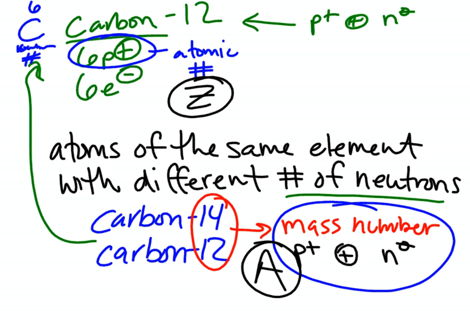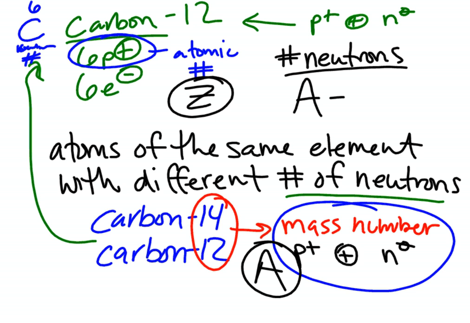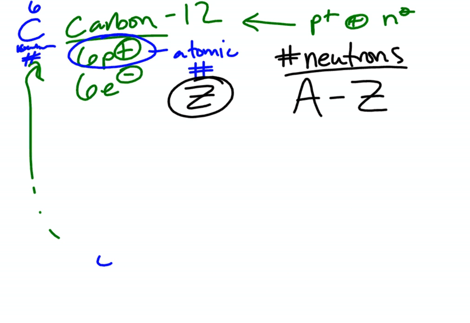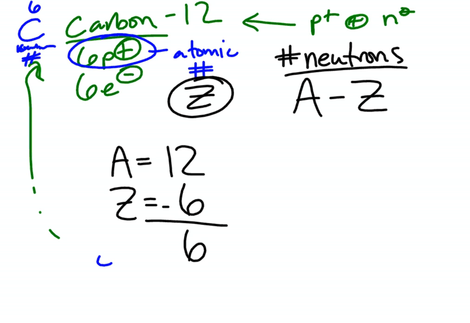So if I want to know the number of neutrons, it is equal to A minus Z. So if I take A, which for carbon-12 would be 12, and Z for all carbon is 6, I subtract the two, and this would give me 6 neutrons.